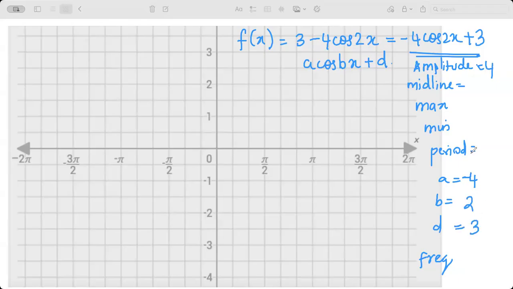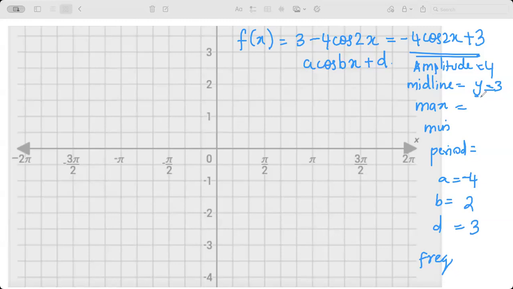Now, I don't want the period now. What is the midline? Guys, D is the midline. What is the midline? 3. Yes, y equal to 3 is the midline. Midline is an equation: y is equal to D. Okay, max is what? 7.